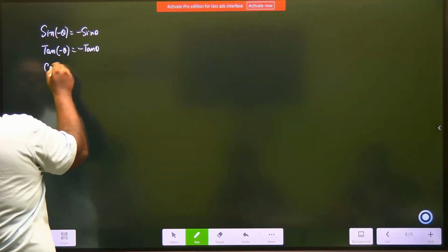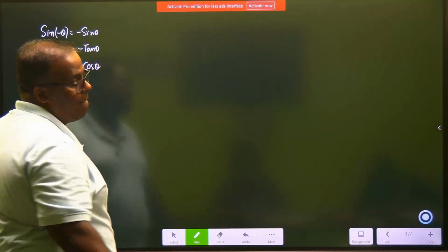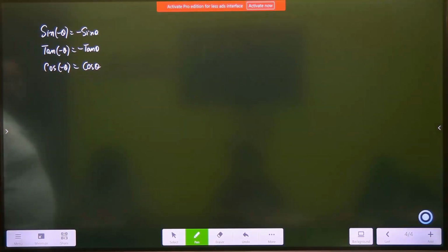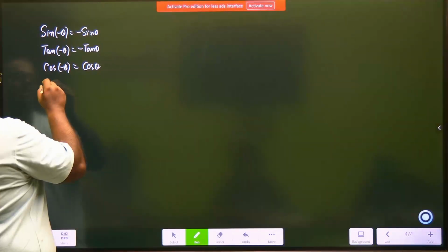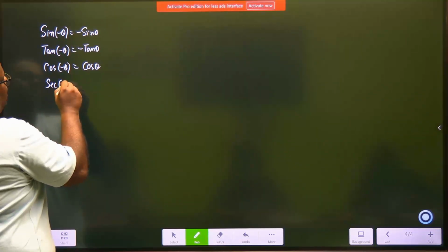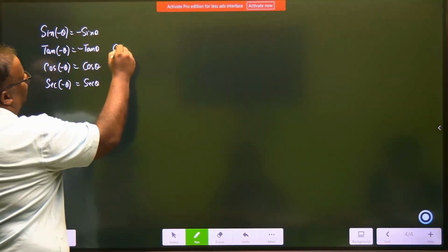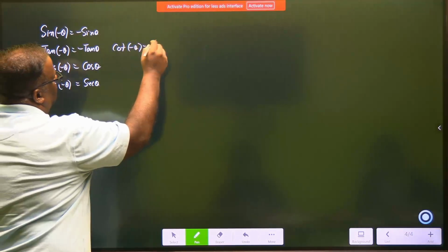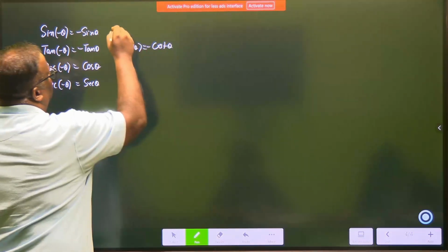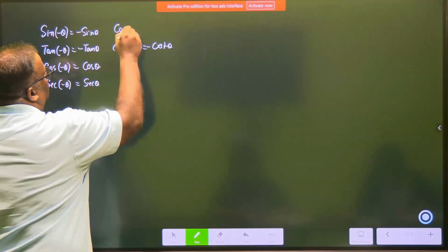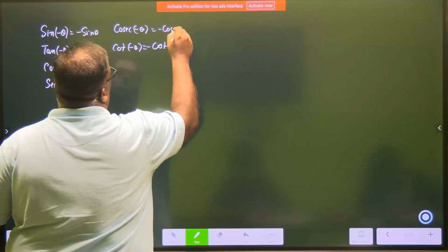Cos of negative theta, now this is an even function, would be cos theta. Only cos and sec. Sec of negative theta is sec theta. Cot of negative theta is negative cot theta. Cosec of negative theta is negative cosec theta.